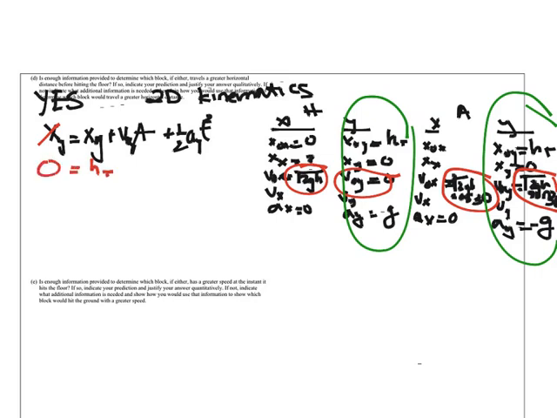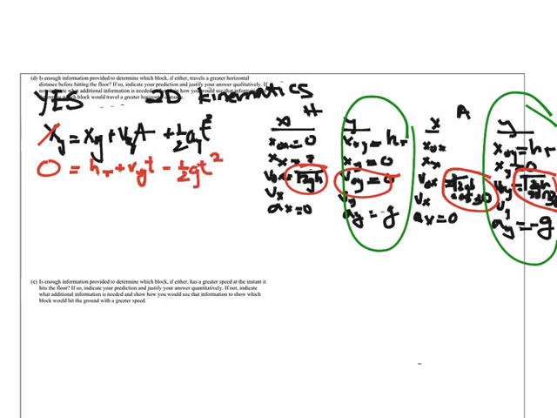So we have 0 equals ht plus whatever voy is. I'm just going to leave it as voy for right now. Plus 1/2 at squared. We know that a is minus g, so I'm going to say minus 1/2 gt squared.